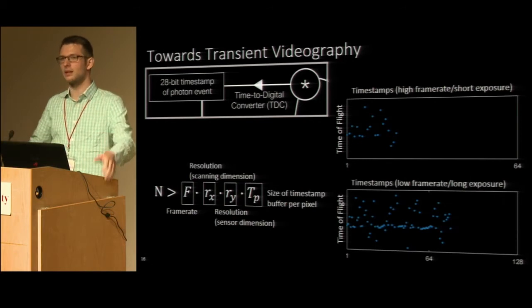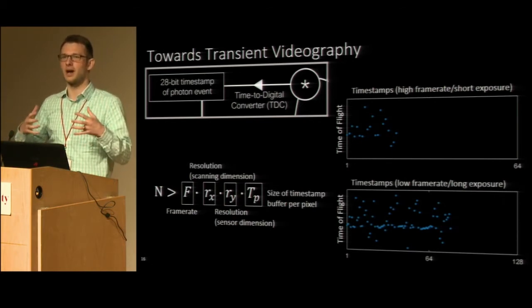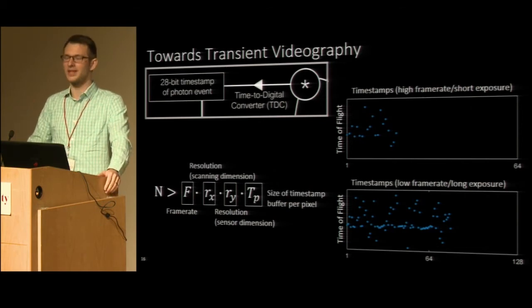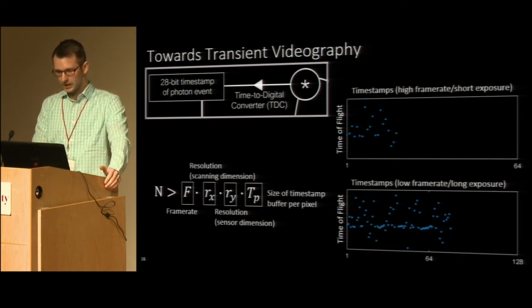Alternatively, we can increase the number of timestamps that we read out, and since we're reading out more signal, we'll have a higher quality transient image, but then we have to decrease the frame rate that we're operating at or the resolution. And so these are the types of trade-offs that we have to consider.